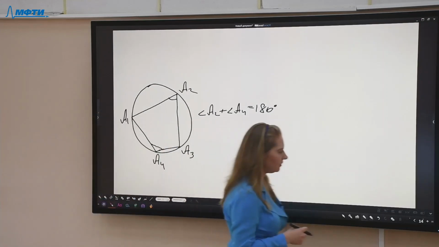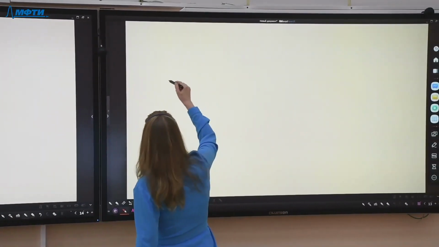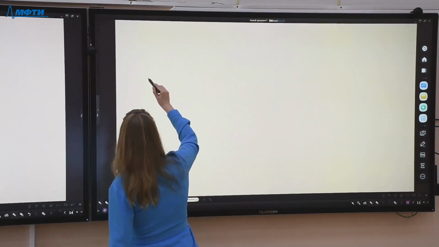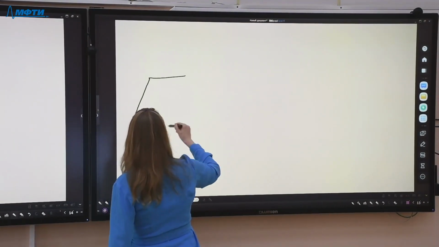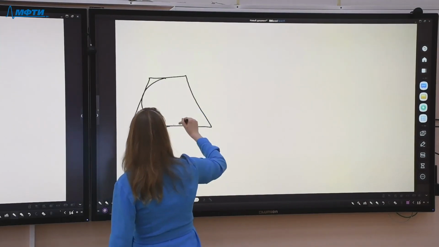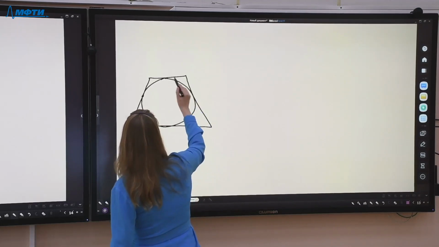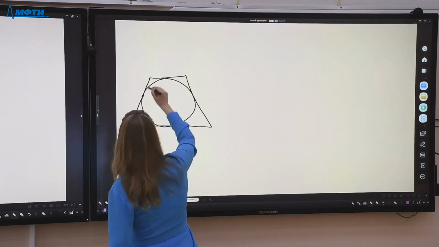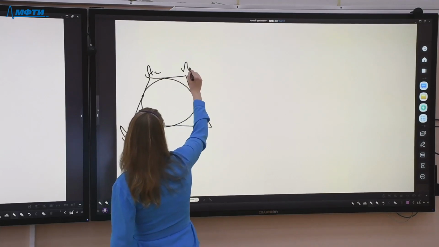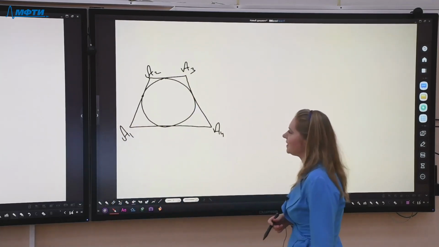And vice versa, if we have a circle inscribed in a quadrilateral A1, A2, A3, A4, we can say that the sums of opposite sides are equal.